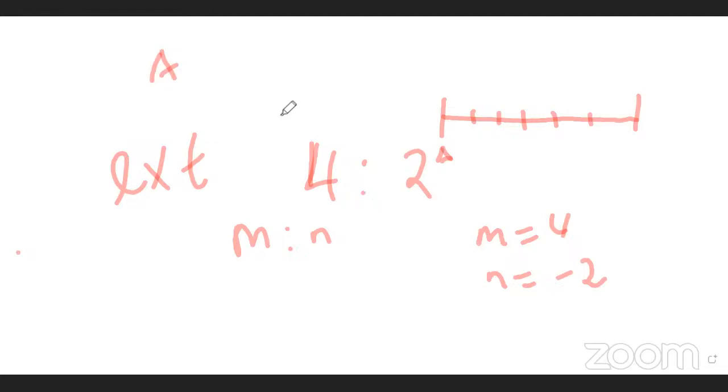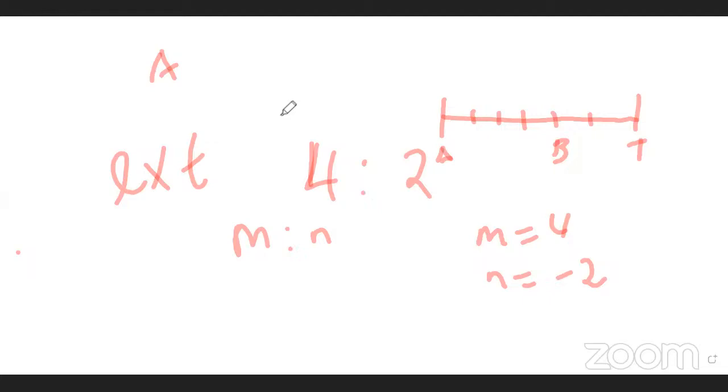From A to B, four units, then to T, 2 units. So T divides AB externally. It is outside the length AB. So it has divided it externally in the ratio 4:2, because A to B is 4, T to B is 2. So we say 4:2, but externally.